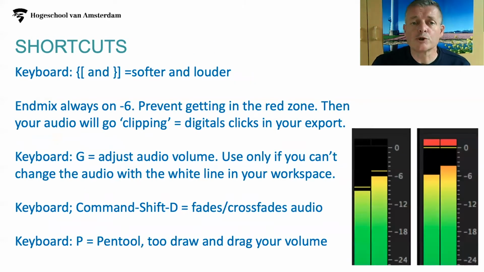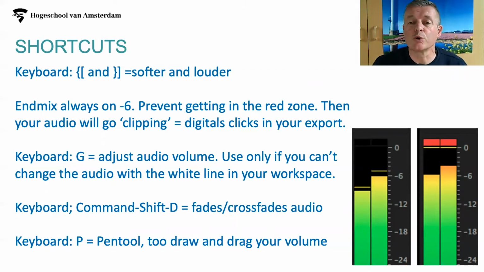Here are some shortcuts that are very useful. In your clip you've got a white line that you can drag up and down, and always do the end mix on -6. Beware it doesn't go into the red, because then your audio will go clipping, a little bit like this.